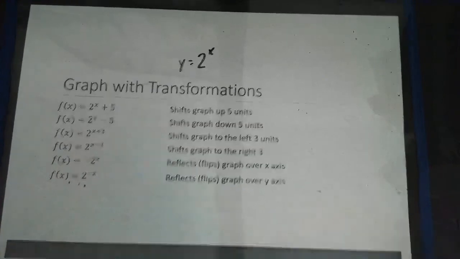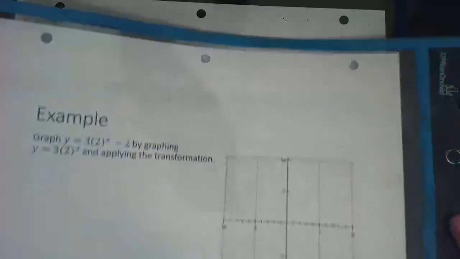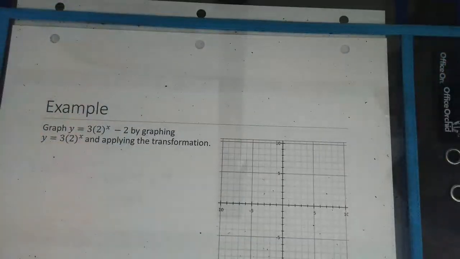So I'm going to keep this graph that we just did out for a second, because I want to reference it for this next problem. It says to graph y equals 3 times 2 to the x minus 2 by graphing y equals 3 times 2 to the x and applying the transformation. I'm not actually going to graph it here. I'm going to graph it on the other one.